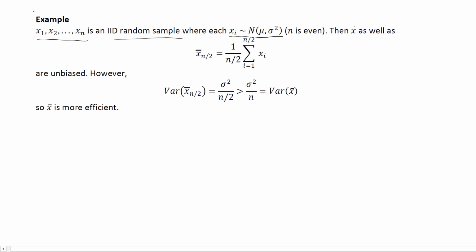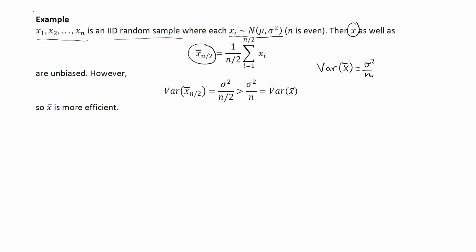So I have two unbiased estimators, X bar and X bar n half, and we can compare them based on the efficiency measure. So to do that, we figure out the variance of each of them. We know that the variance of the sample mean under the random sample assumption is sigma square over n.